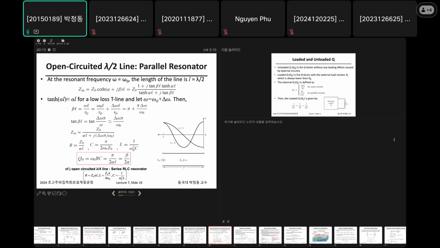And the second question is, what is the resonance frequency of them? The lowest resonance frequency. Can anyone answer this question?